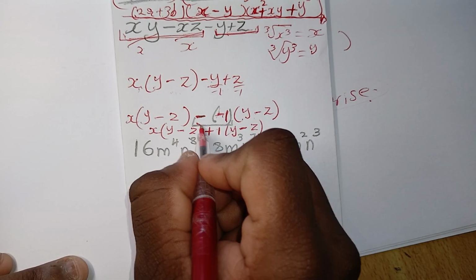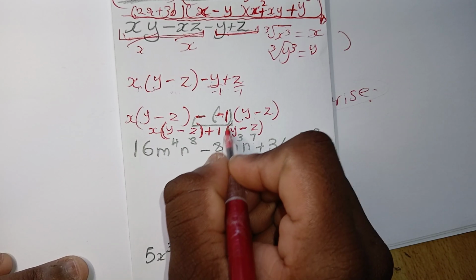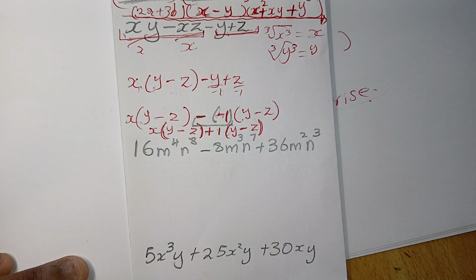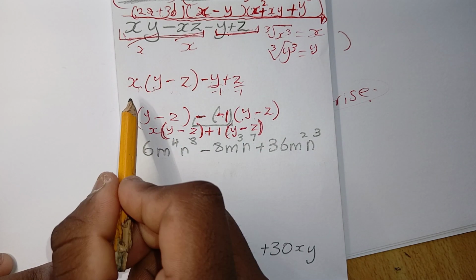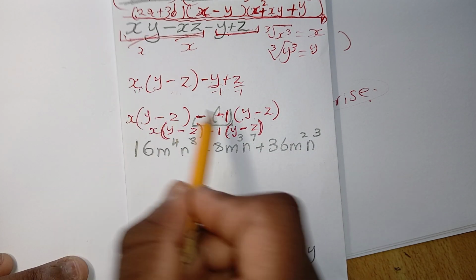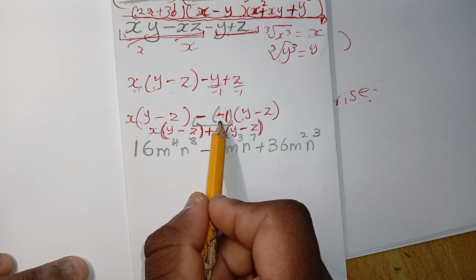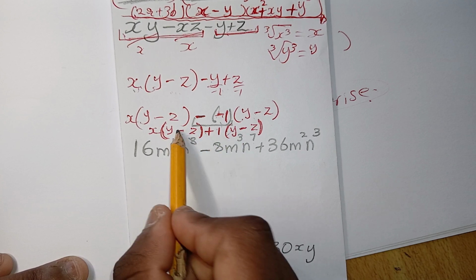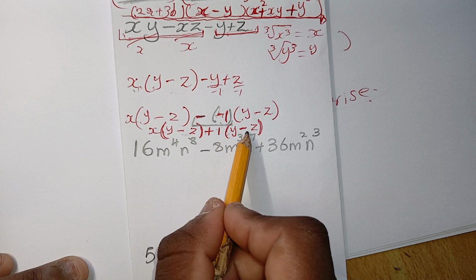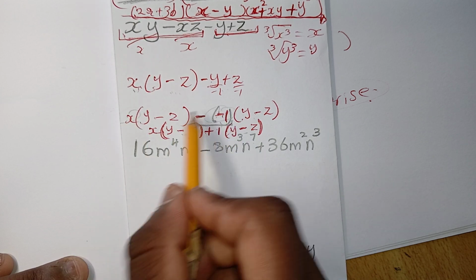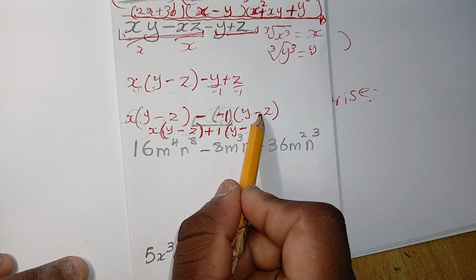Yeah. So now if you check, guys, here I have taken a common factor and there I have taken a common factor so that I can have the common factor. Take a common factor so that you can still have the common factor.